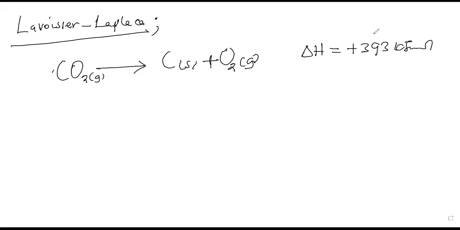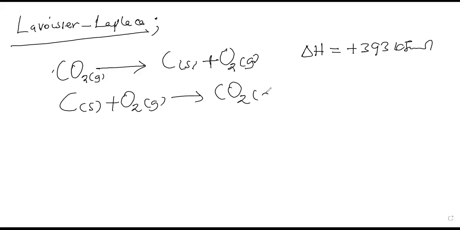But combustion of carbon gives carbon dioxide, and since combustion is exothermic, ΔH would be negative 393 kilojoules per mole.